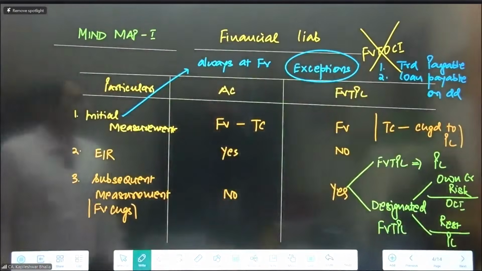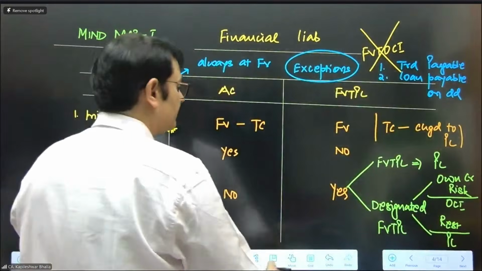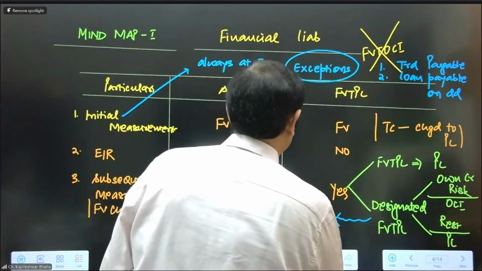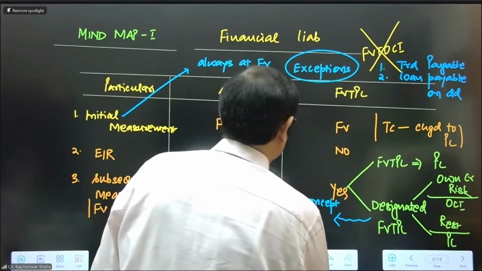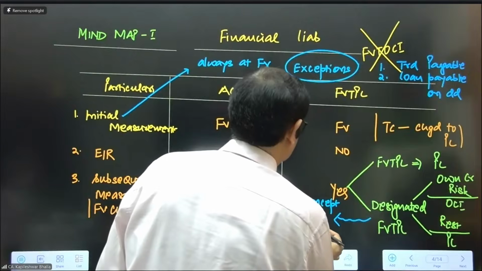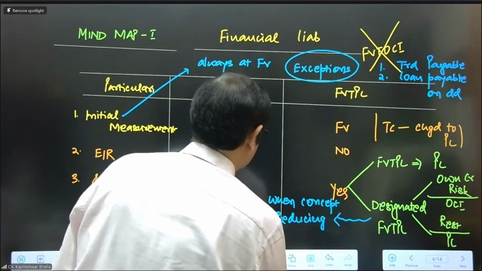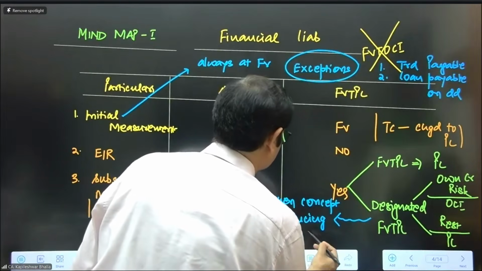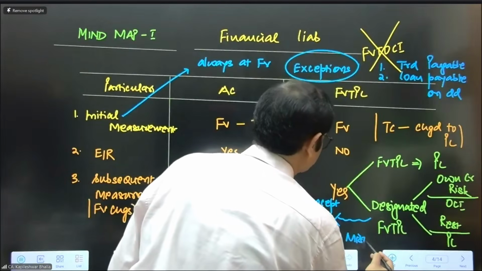And when you say that it is a case of designated, I guess worth making a mention that this is a case when the concept of reducing or eliminating accounting mismatch is applied.